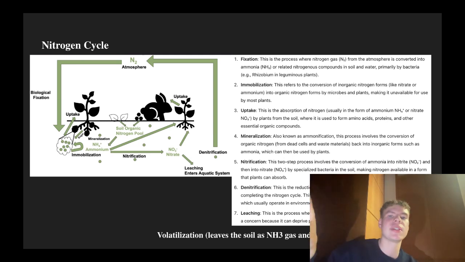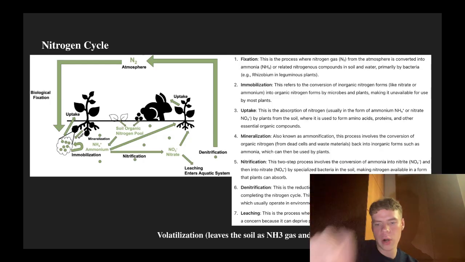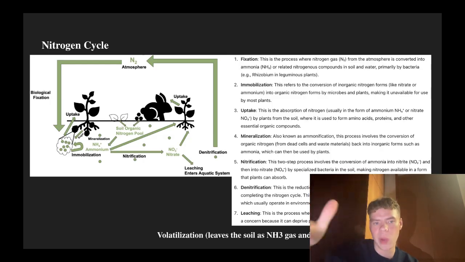Now we have excess nitrogen in the ocean or in a river. That would be leaching, when water comes and basically washes those nitrates or ammoniums away.